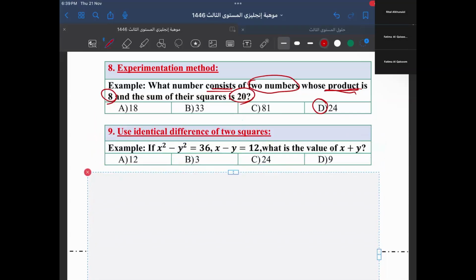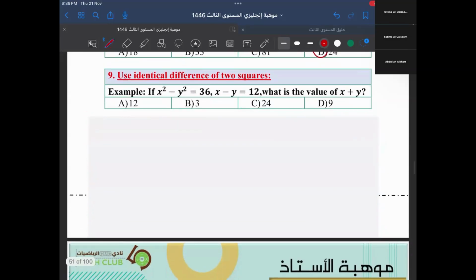Okay. Yalla, question 9. Okay, so here the question says if x squared minus y squared equals 36, x minus y equals 12, what is the value of x plus y?